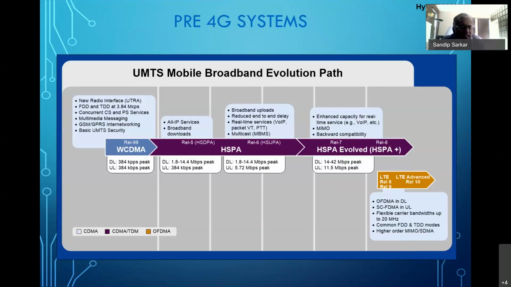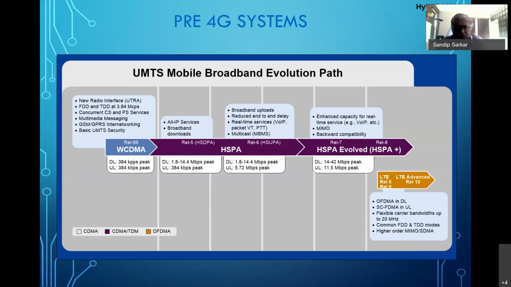If you look at the evolution, Release 99 or WCDMA was the first interface that was defined. It was mostly an FDD interface, and then TDD was also defined at a later point, which dealt with circuit-switched voice for the most part and some packet-switched data on top of it.